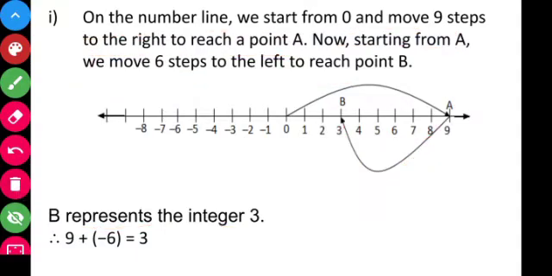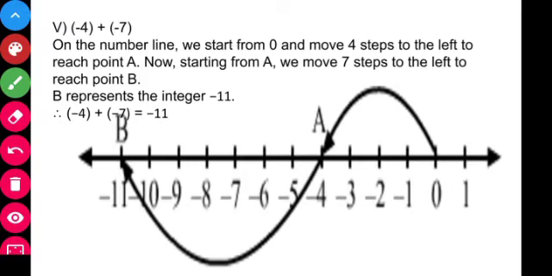Now come to the next question. Now the fifth part. The fifth part is given: minus 4 plus minus 7. So first we have to move to minus 4 from 0. Now we are adding a negative integer.